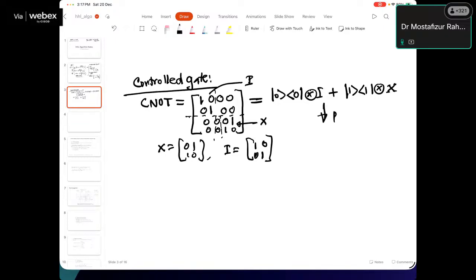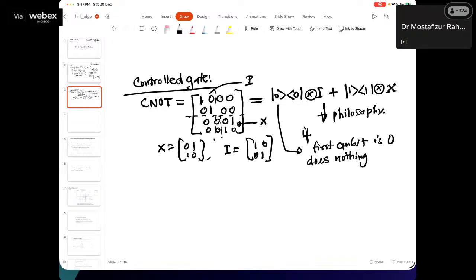So the philosophy is, if you have this particular first qubit and the first qubit is 0, it does nothing to the second qubit, okay? It does nothing to the second qubit.